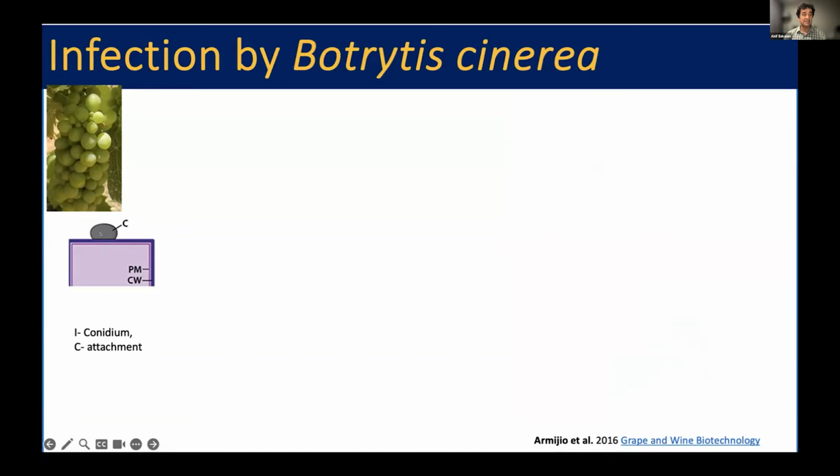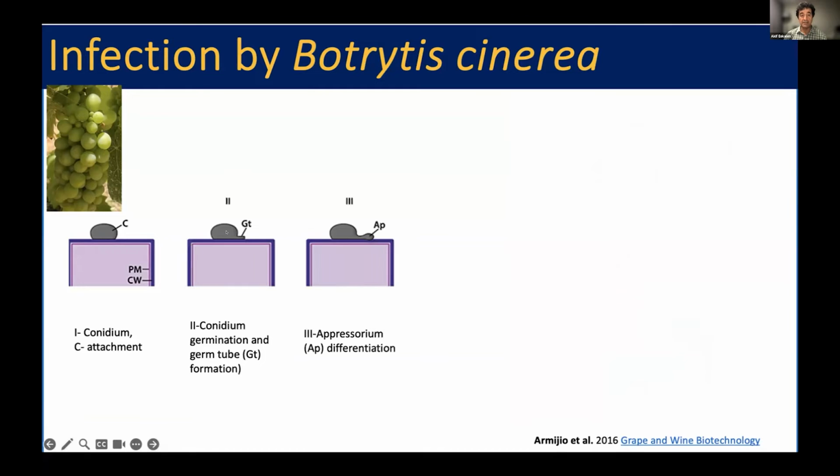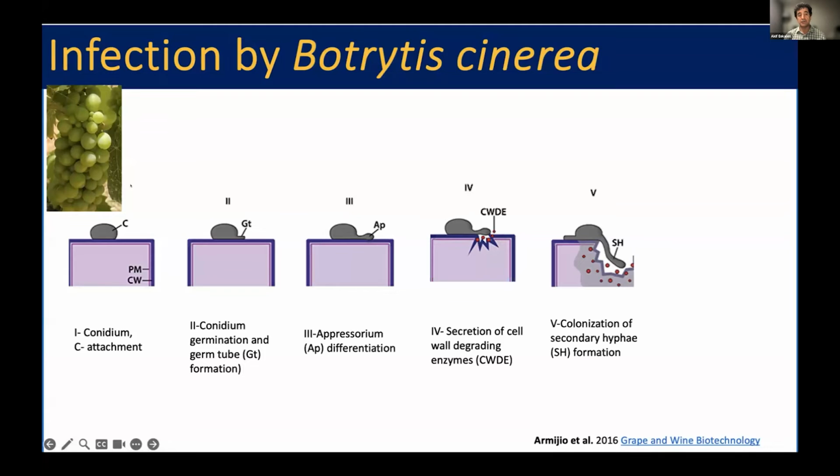So this is how infection happens. Let's say this is a single spore on the cluster. Similar to powdery mildew, it germinates and produces an appressorium, which is the punch point of the mycelium on the surface. The difference between botrytis and powdery mildew is that botrytis can melt the cell wall, as you can see here, penetrate into the tissue of the berries, and completely destroy it. That's why you can have a soft tissue in that area.